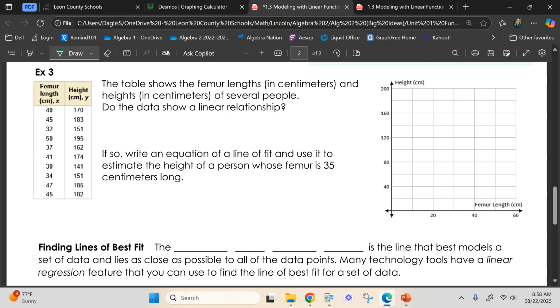Okay, we have data. We're going to make a scatter plot. Okay, please don't stress. Do your best. All right, we have 40 and 170. These lovelies are going up by 20s, so if you want to label those in between, you can. Our X's are going by 10s.